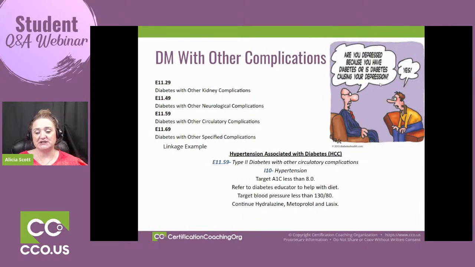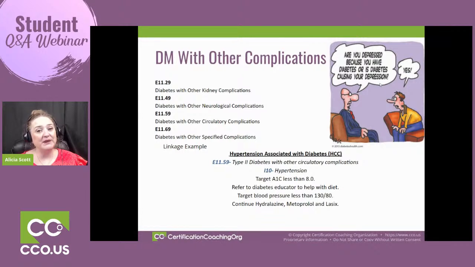Other complications that are very common are kidney complications. We have CKD, which I'm going to bring up again in a slide in just a moment. E11.2 will deal with renal complications with the kidneys. And we have neurological complications, which is E11.4.